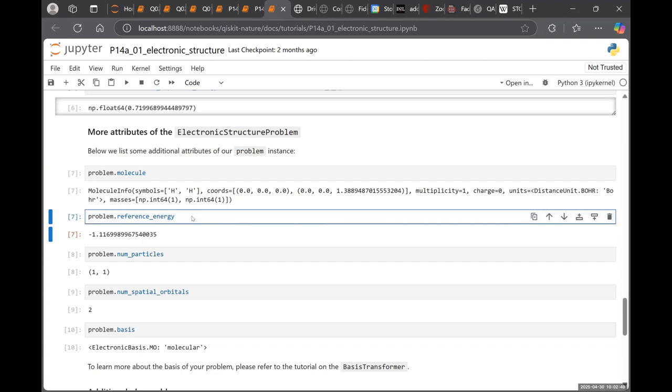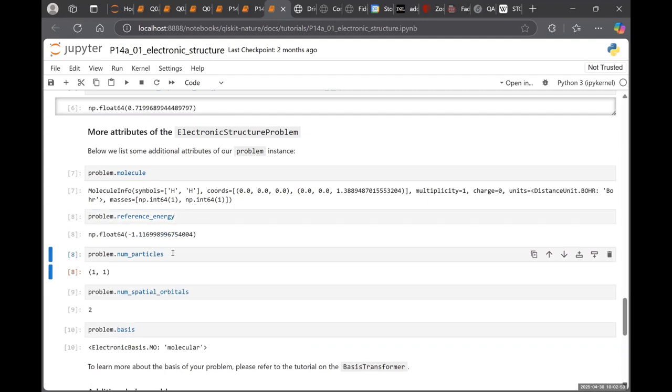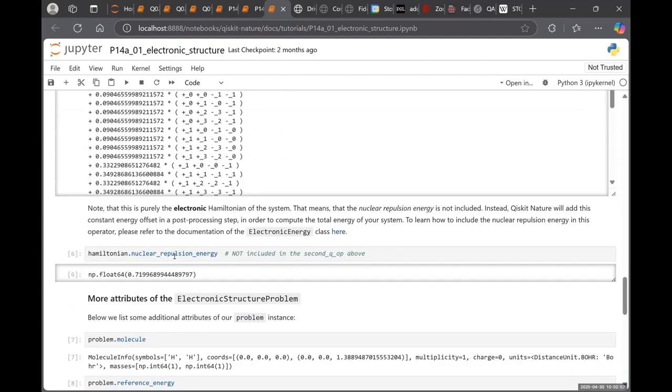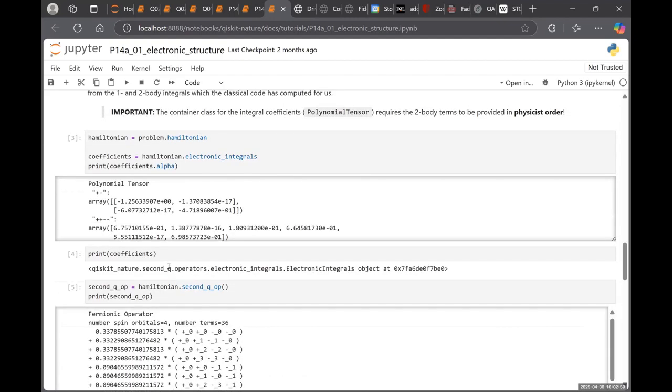Reference energy. We can see if there's any documentation.